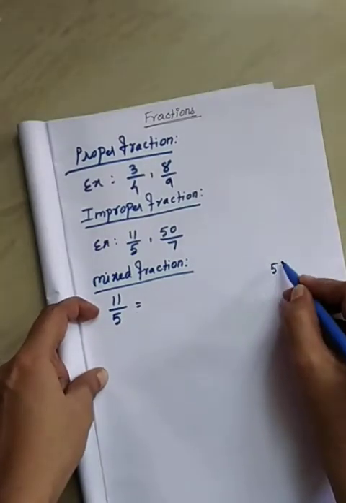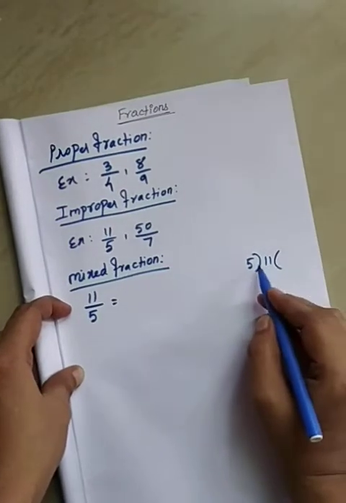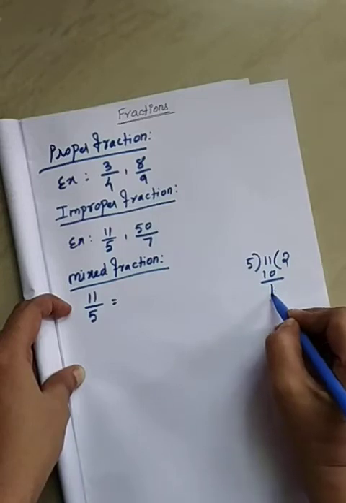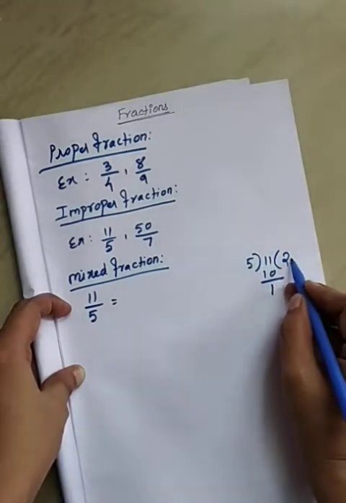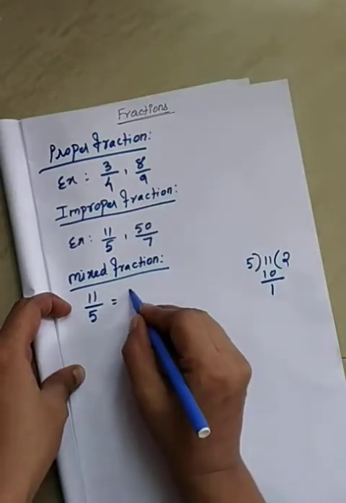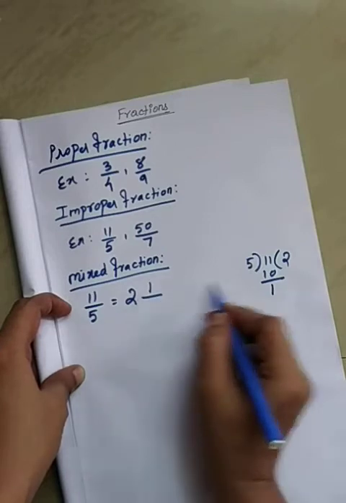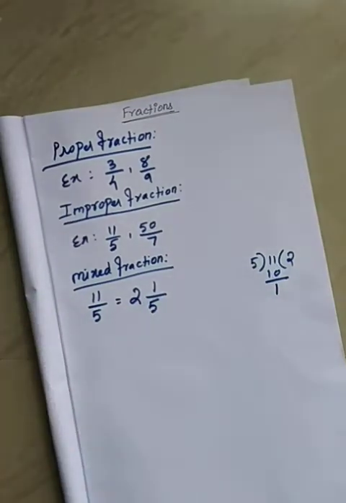See, 5 and then 11. How many 5s are there? Two 5s are 10. Remainder 1. So you have to write the quotient here, and write the remainder divided by this value. This is the mixed fraction.